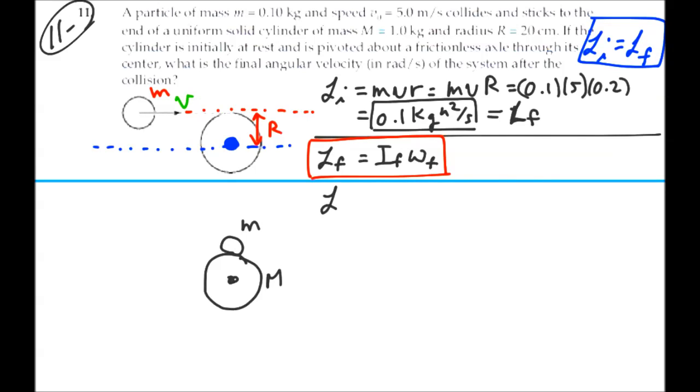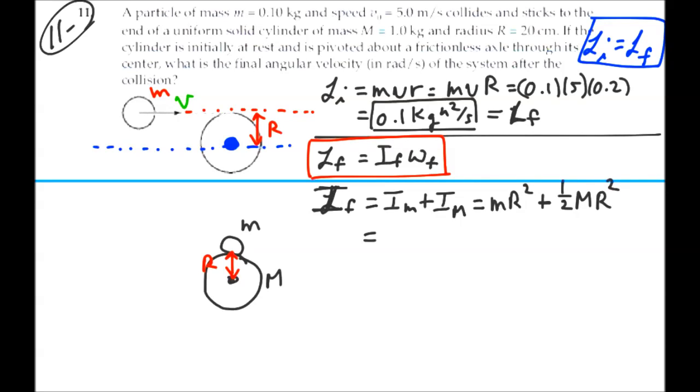So the final moment of inertia is the moment of inertia of the mass m plus the moment of inertia of the cylinder big M. For the mass m, it's going to be a point mass, m r squared, because it's the distance r away from the axis, this r right here, plus the moment of inertia of the cylinder, which is going to be 1/2 big M r squared.